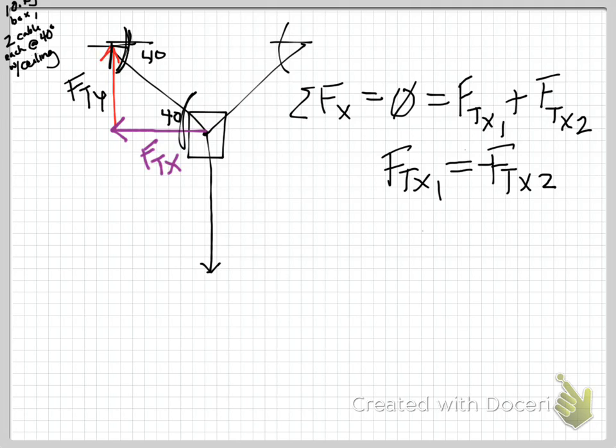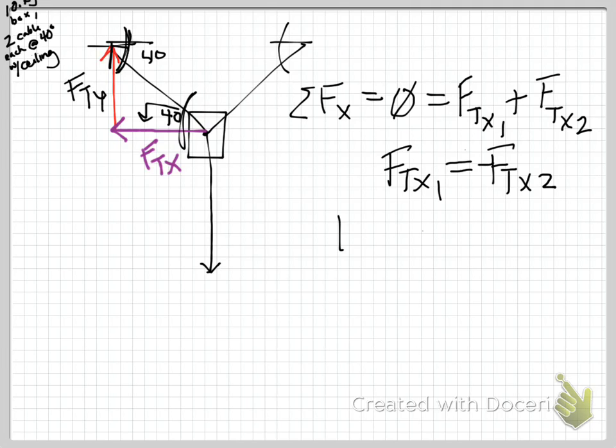What expression would we be using for force of tension on the x? Trig. Look back at the picture. Cosine. The force of tension on the x is the force of tension times the cosine of theta.